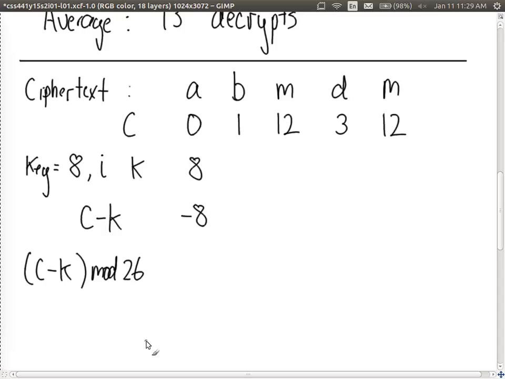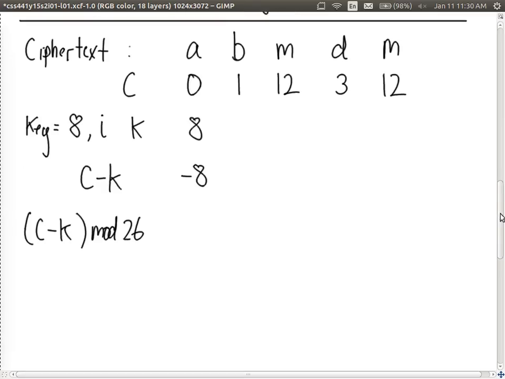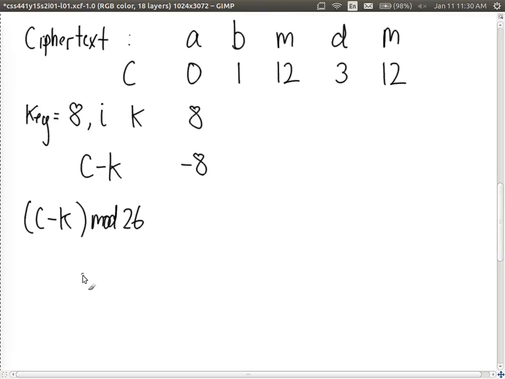So you may think, what, -8? No, here when we write mod, it means the answer must be in the set 0 to 25. And the way to think of it, the meaning of mod in this case is the remainder, I think people understand.